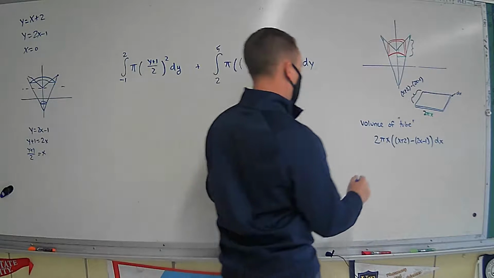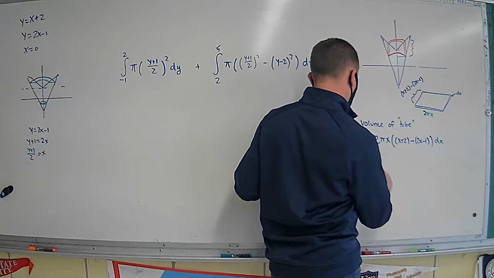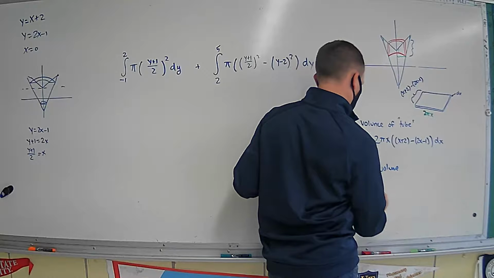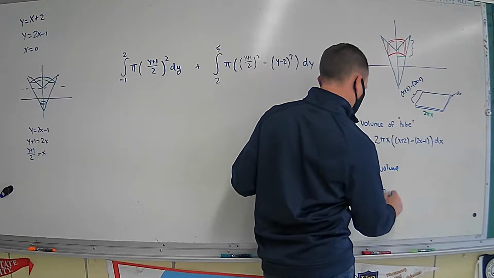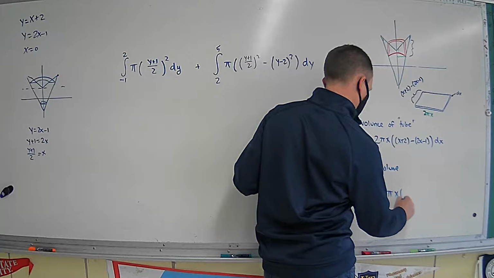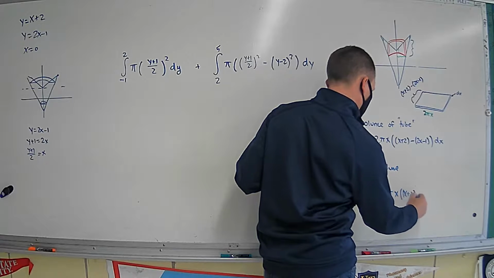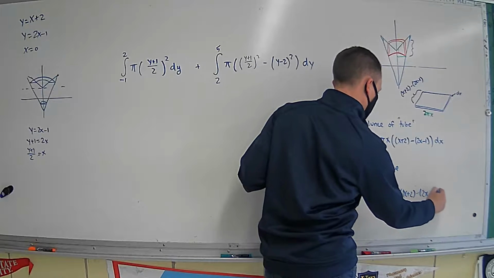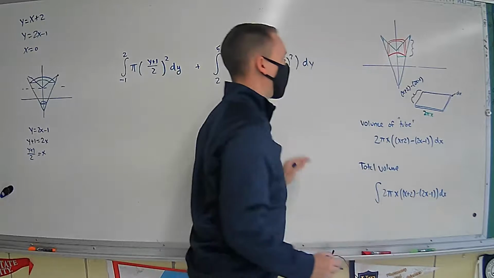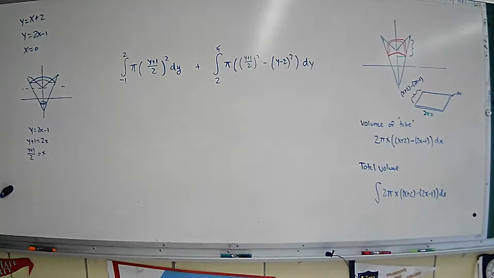So what's the total volume going to be? Well, we add up all those tubes. From where to where? When you're trying to figure this out, you have to ask yourself, what values of x will make a tube? 0 to 3. It's the x bounds of the region.